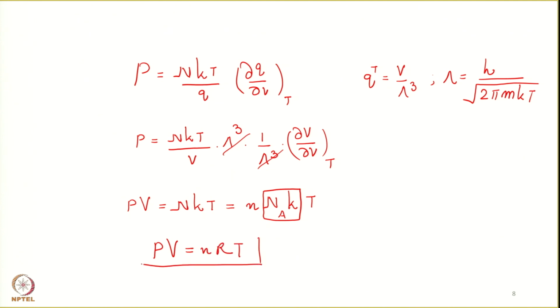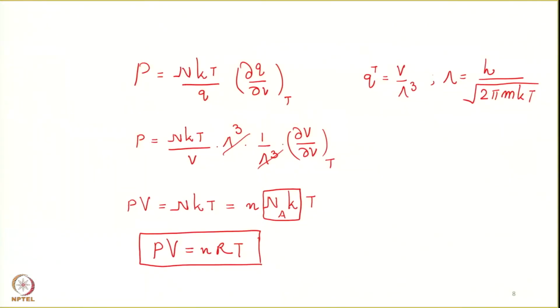This was our target, this was our goal. So from the definition of pressure in terms of the canonical partition function, using a monatomic ideal gas, we have now recovered PV is equal to nRT, which is the ideal gas equation.